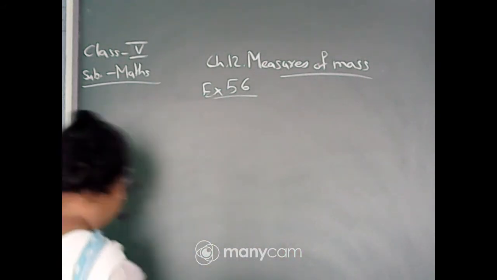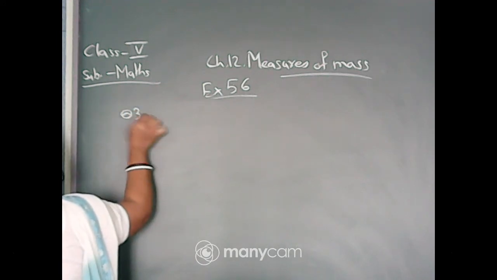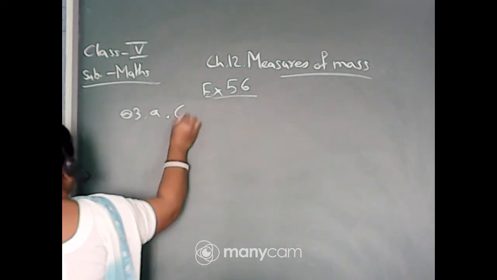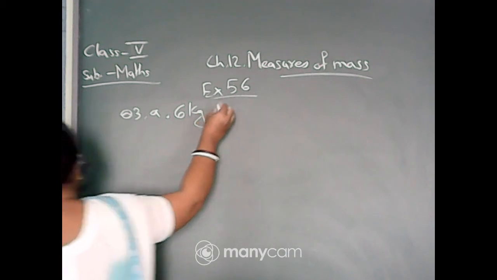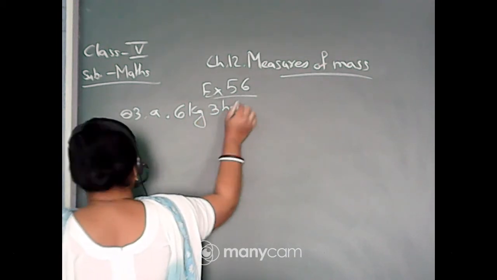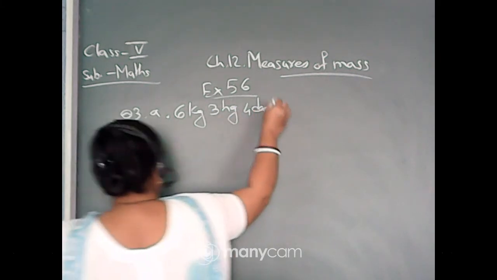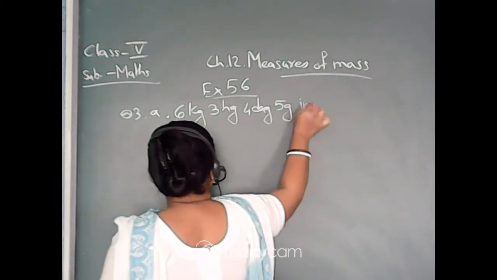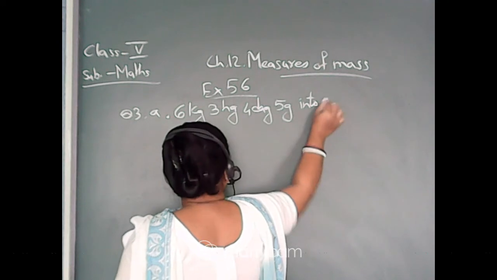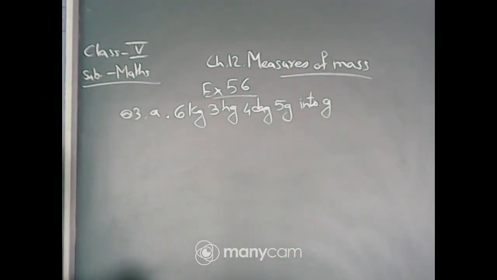Question number 3, A. 6 kg, then 3 Hg, 4 Dag, 5 g into gram. You have to convert into gram, isn't it?